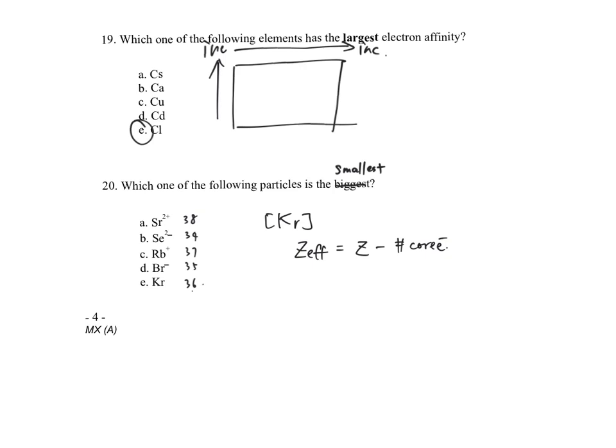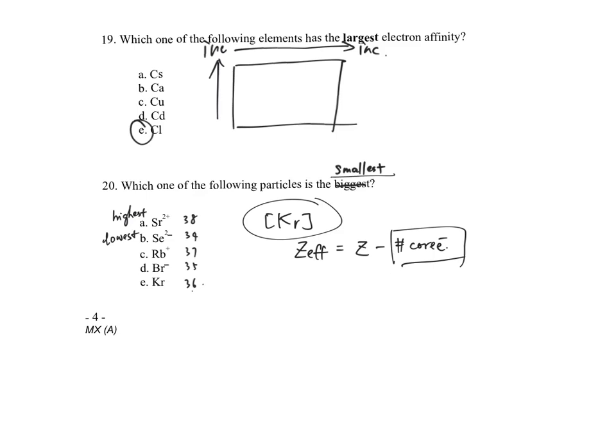Since all of them have the same electron configuration, all of them have the same number of core electrons. That means whoever has the highest Z value has the highest Zeff. So the highest Z value is this, so this is the highest Zeff, and the lowest is 34. So that's your lowest Zeff.